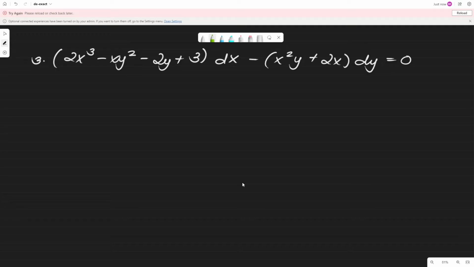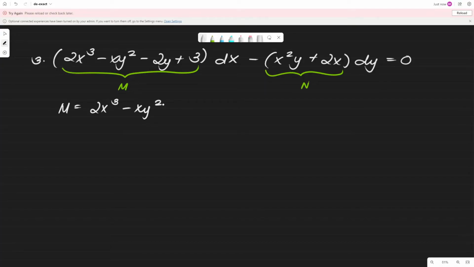So, let's identify what is M. This is M. And obviously, this is N. So, we have M is equal to 2x cubed minus xy squared minus 2y plus 3. Then let us get the partial derivative in respect to y.